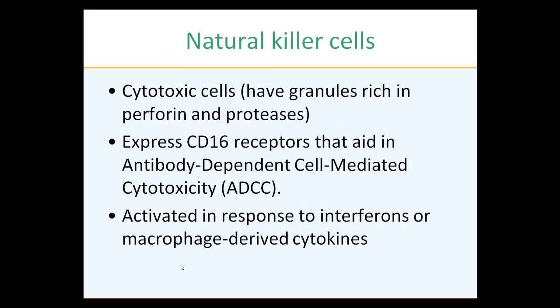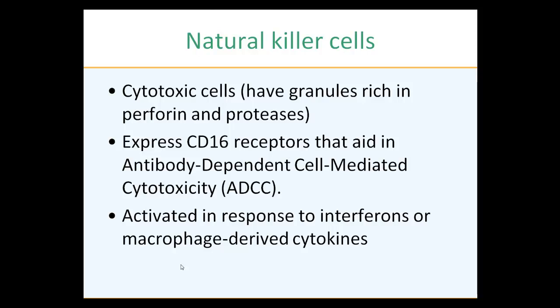So I think I have a video that I will show to you later on about the natural killer cells. To define them, they're cytotoxic cells. From their name, it shows they have granules, and these granules are rich in what we call perforin. Those are like daggers or arrows that will perforate the cell surface of the cells, whether the cells are virally infected cells or cancer cells.